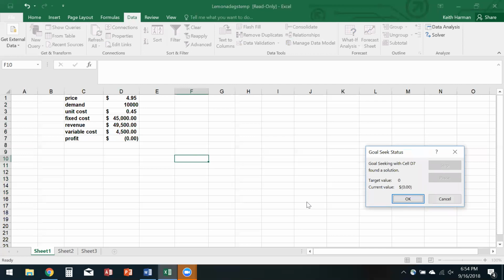Now, this also helps us figure out, well, what would my competitors sell this for? To break even at a demand level of 10,000, I'm going to have to sell it at $4.95, because my revenue, which is 49,500, minus my fixed cost, which is 45,000, leaves me $4,500 in variable costs.